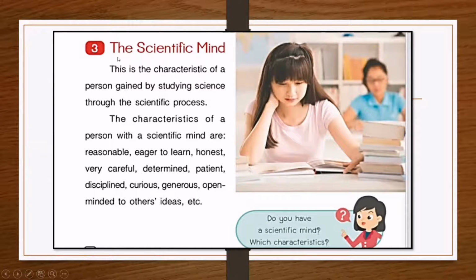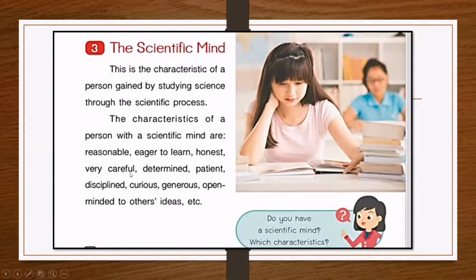Let's proceed to the topic scientific mind. So what is the meaning of scientific mind? This is a characteristic of a person gained by studying science through the scientific process. So these are the characteristics of a person with scientific mind. First, reasonable. Second, eager to learn. Third, honest.